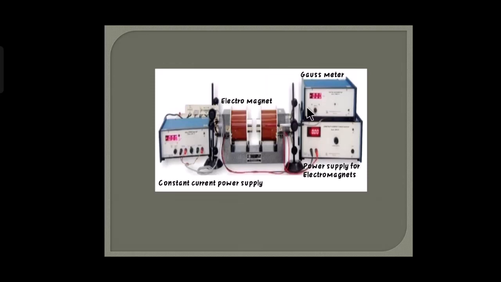A Gauss meter is required to measure the magnetic field using a probe attached to it. Then the specimen or the semiconductor is connected to the constant current power supply, which shows the corresponding Vx and Ix readings of the semiconductor specimen, which is placed in the electromagnet.